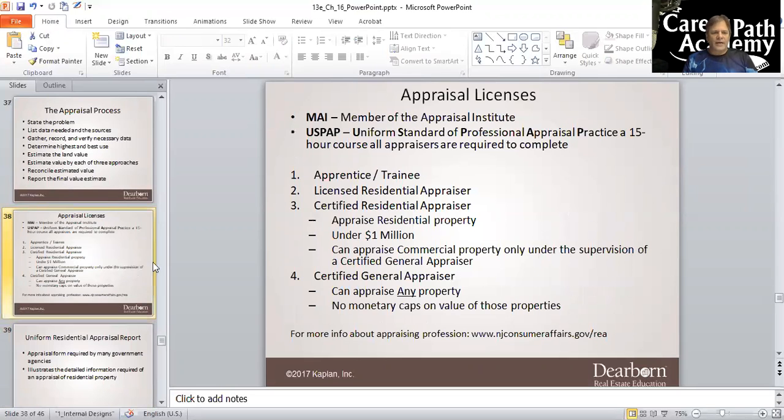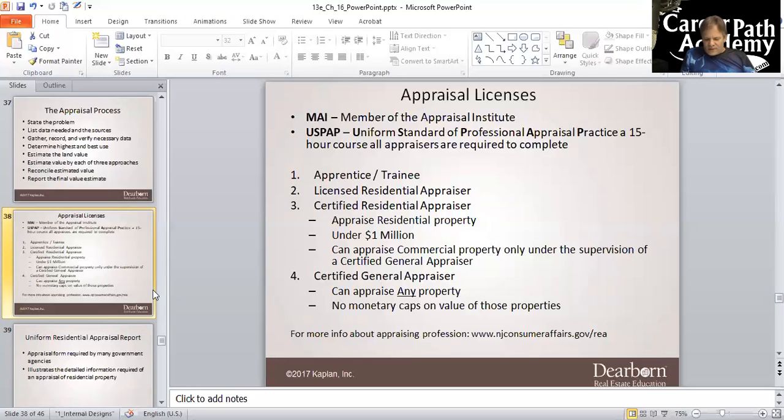Now we're on page 231. I want you guys to go to the right side page under the appraisal process. 1, 2, 3, 4, 5, 6, 7. The 8th bullet point, or in our book, the first bullet point on the right-hand side of the page.